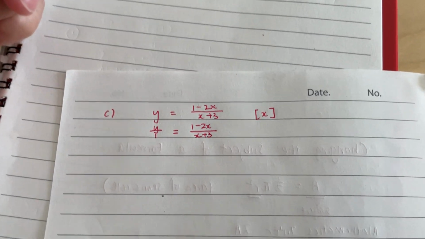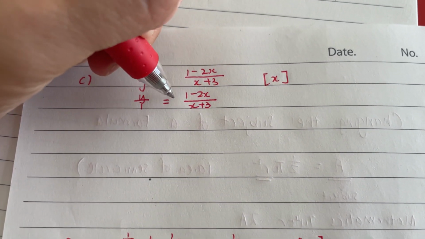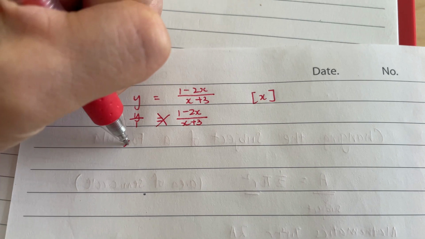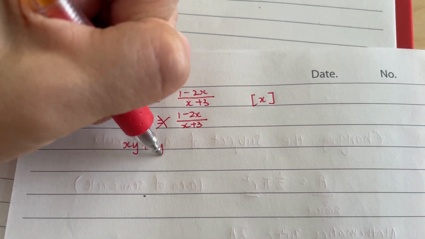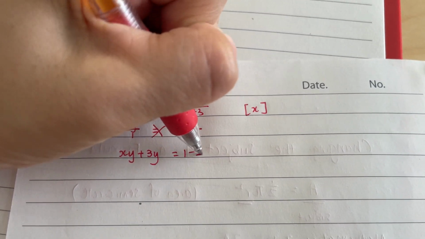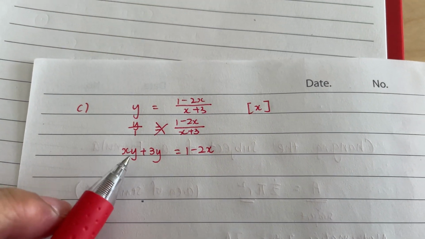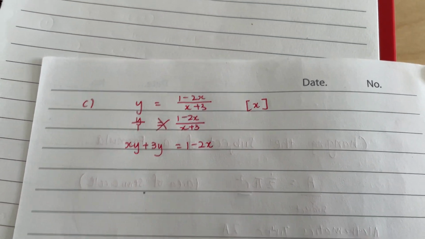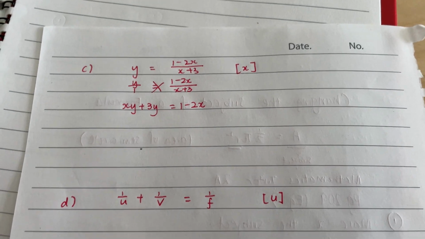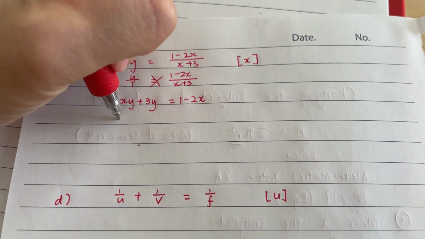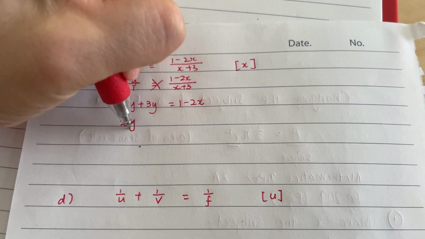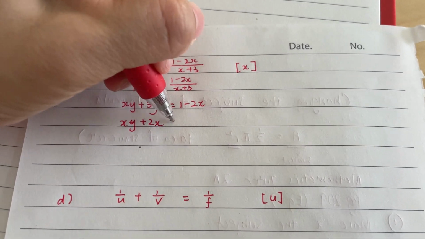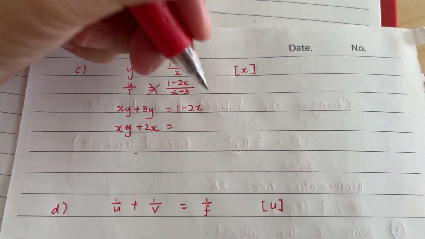Okay, at this point, let's do a cross multiplication. So as we cross multiply, we will get xy plus 3y equals 1 minus 2x. And from here, take a look at the terms with x. Leave it all on the left hand side. And 3y, I got to bring it to the right.